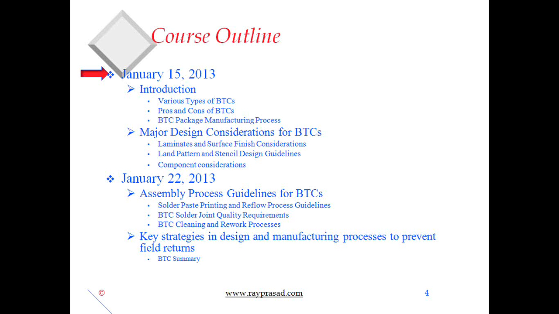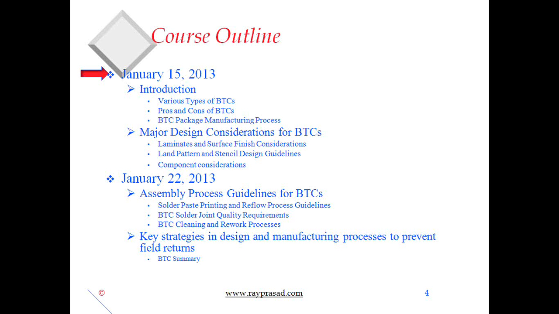And then we'll talk about things that have to do with the design of the BTC, using the BTC design on the board. So land pattern design, laminate considerations, those kinds of stuff. Component issues, and surface finish.